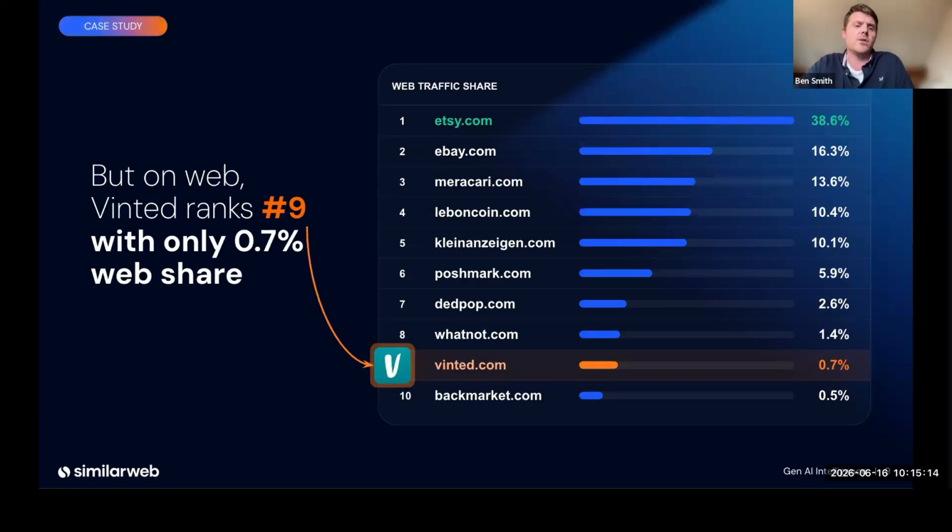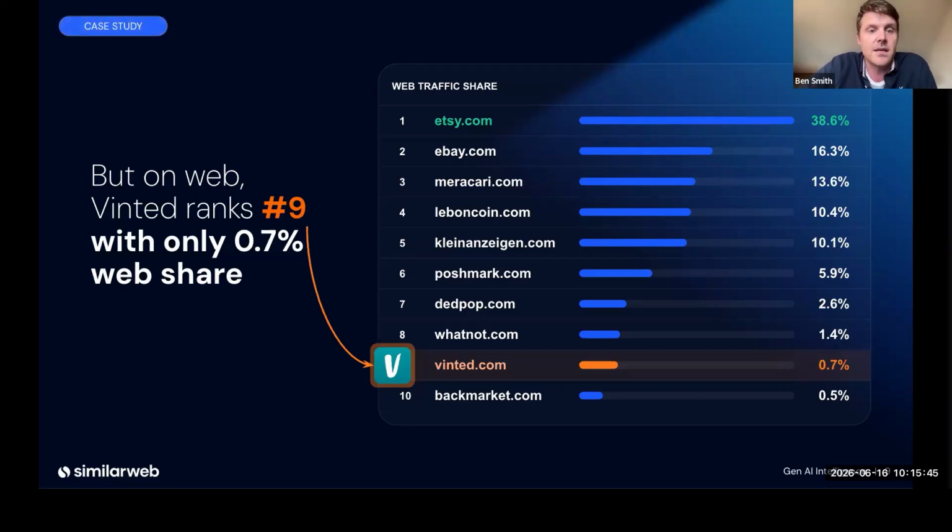I sort of mentioned it already, but what is dangerous if you're looking at just web traffic or just app traffic alone is you can get a very distorted view of the actual reality. This table here is looking at just the web traffic share. I've pulled it out from the previous table. Now, if you just looked at this, Vinted were ranked number 9 in the total market. So you'd basically be saying, well, they're not a big player in this area.